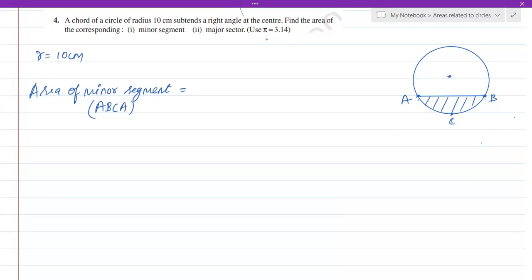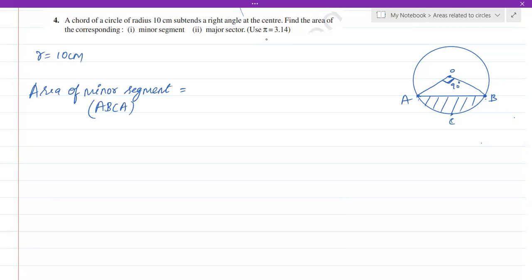That is, if this is the center, and you join the end points to the center, the angle formed here is 90 degrees. That is what is given. Here the angle is 90 degrees.